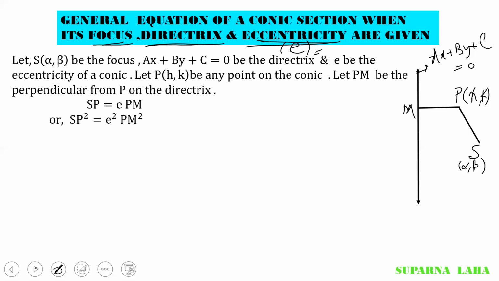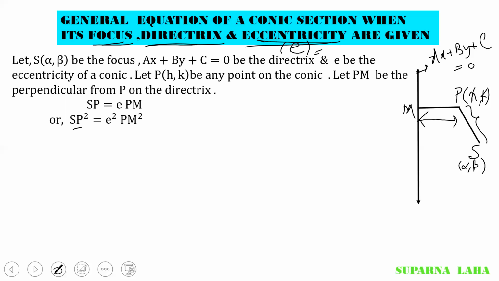Now notice one thing. What is SP? The distance of these two points, P and S. What is PM? The distance from the point P to this line, ax + by + c = 0. Now we can easily find the values of SP and PM.